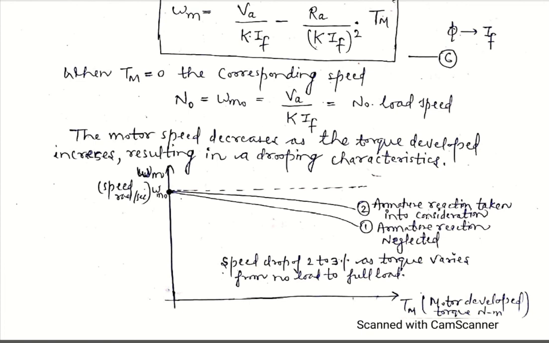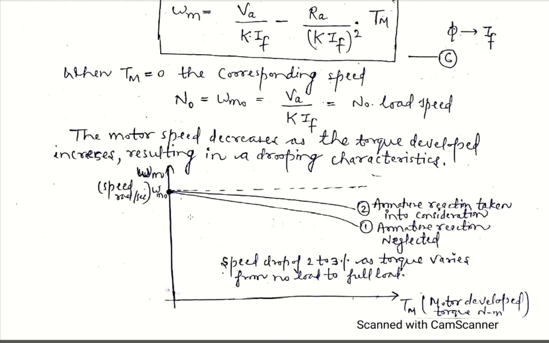We already know the armature reaction effect occurs in the case of DC motors. It will distort the armature flux, so the flux is not constant; it is just a negative slope line. So 1 and 2 are there: the first one is armature reaction neglected, and the second one is armature reaction taken into consideration.